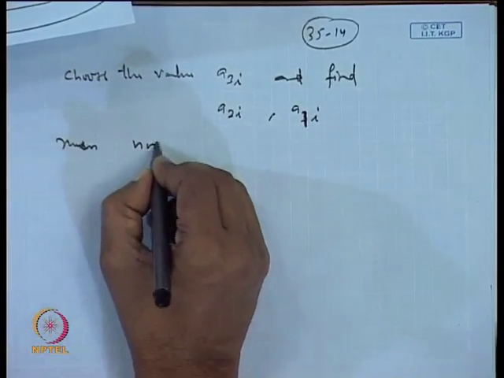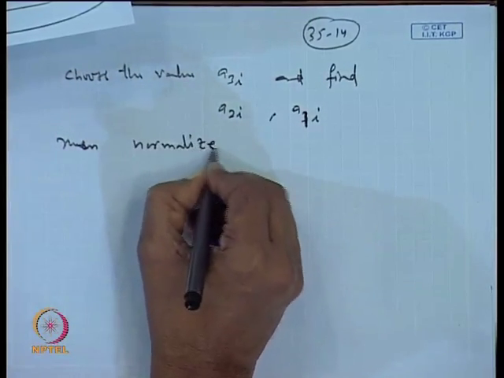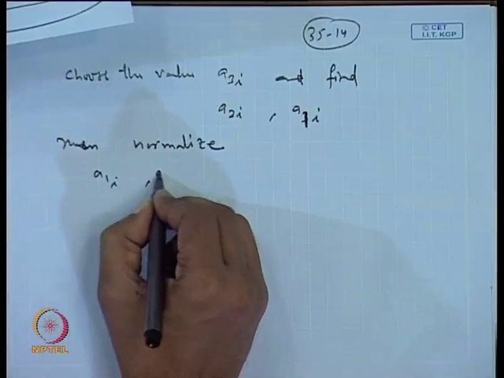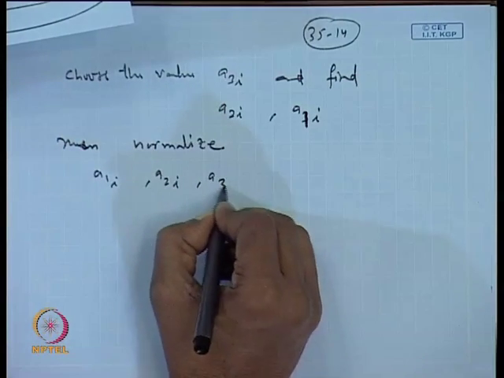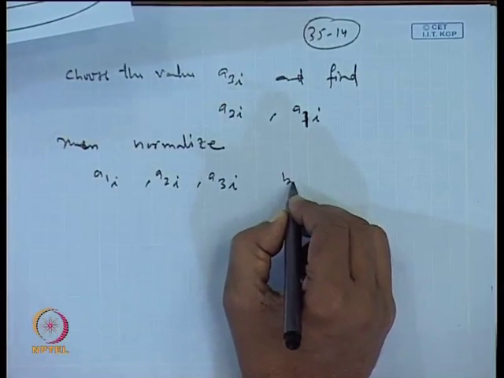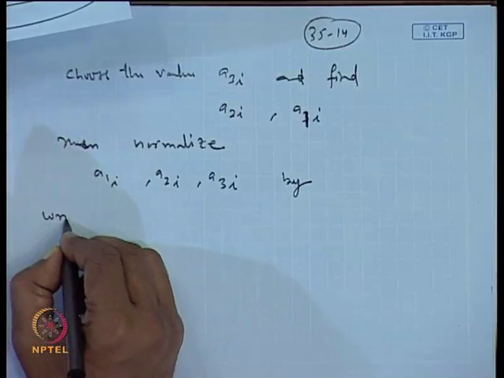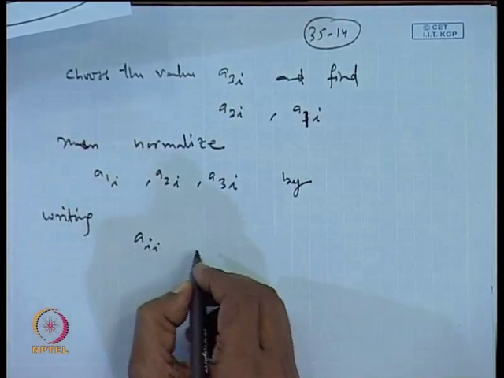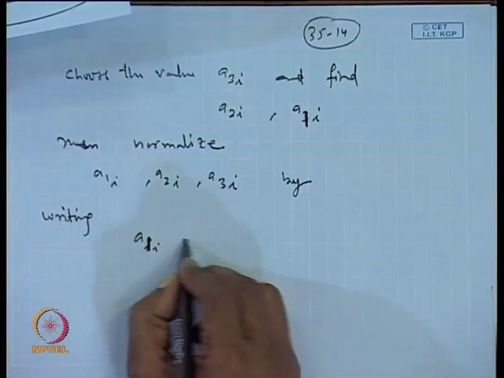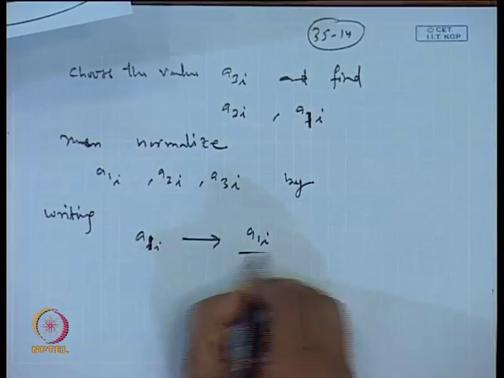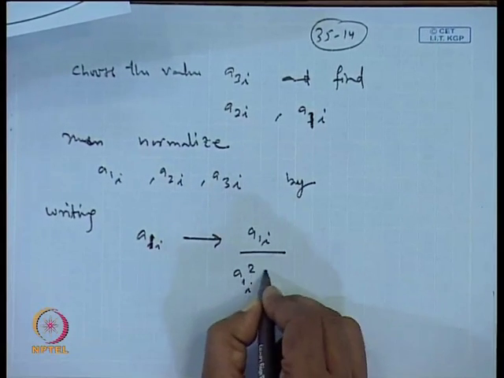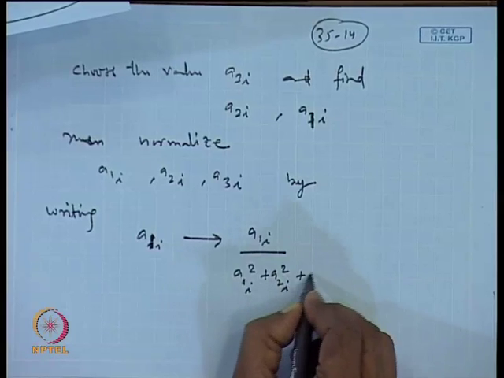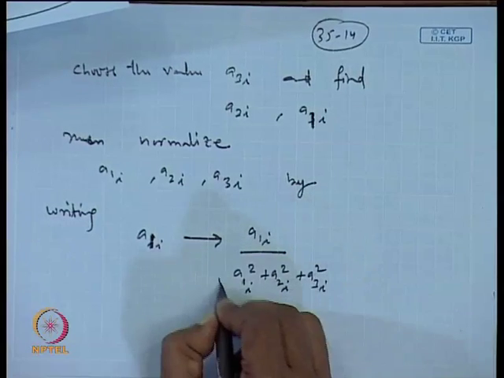Then normalize A 1 I, A 2 I, A 3 I by writing A 1 I, you will be replacing by A 1 I divided by the square root of A 1 I square plus A 2 I square plus A 3 I square.